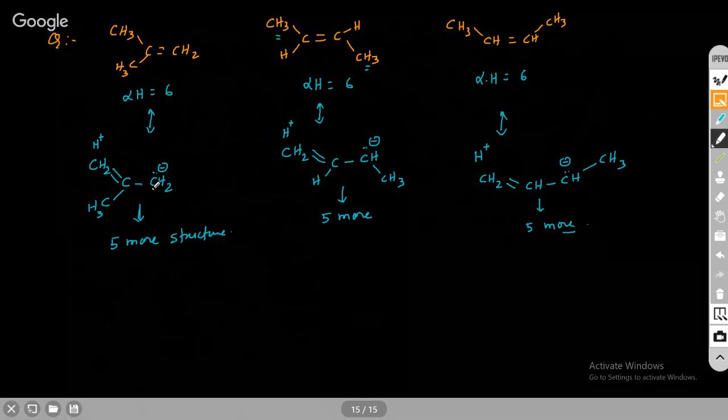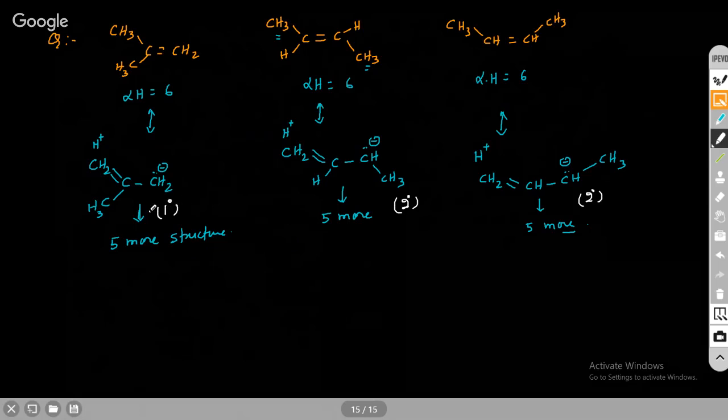See, this structure is a 1 degree anion, right? This is a 2 degree anion, and this is also a 2 degree anion, right? And we know the 1 degree anion is most stable.